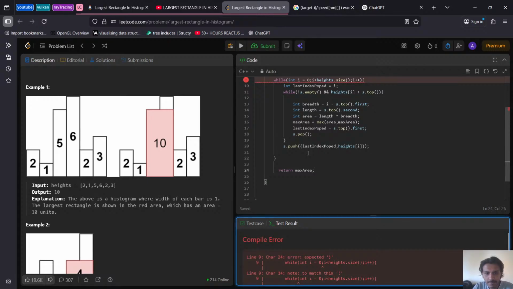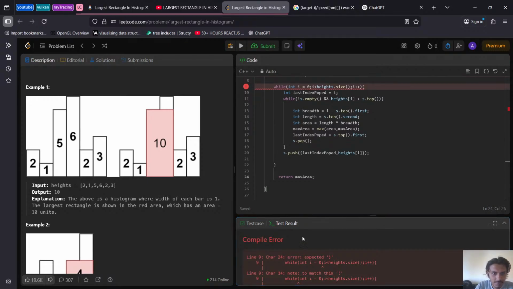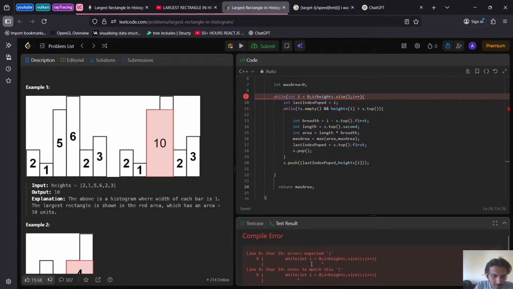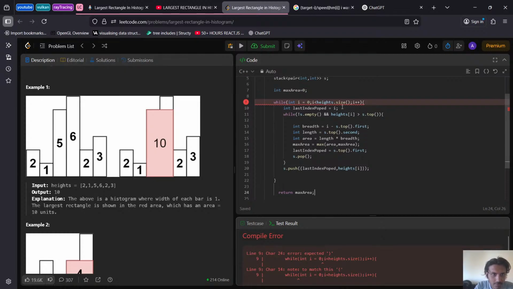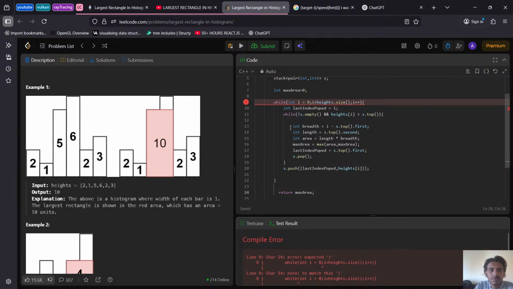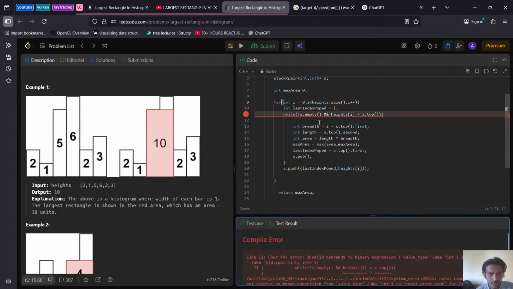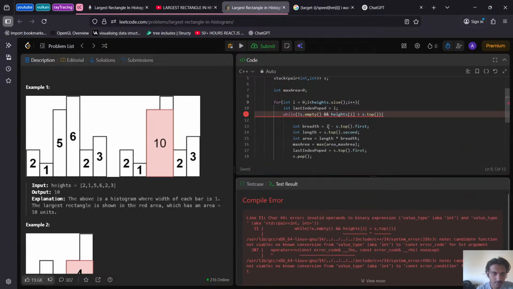Then it's going to 0. I is less than height. Voila. It's not empty. This. Okay, empty.